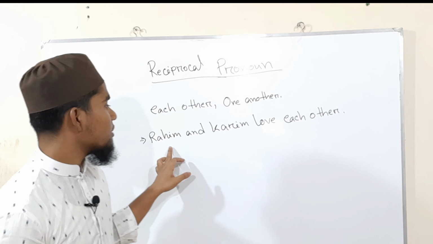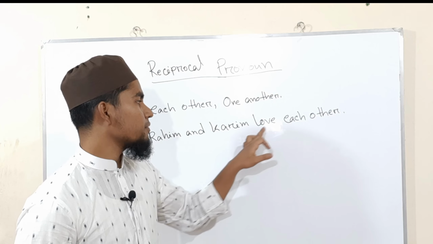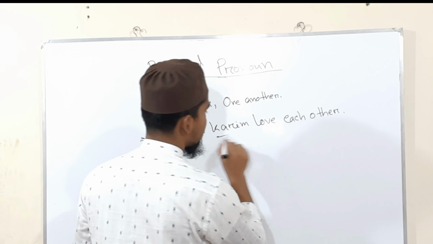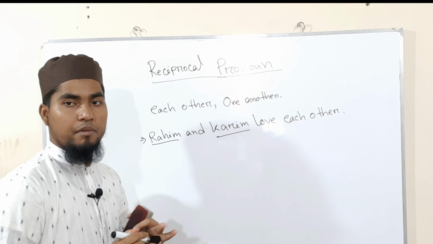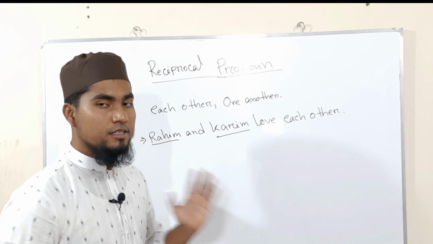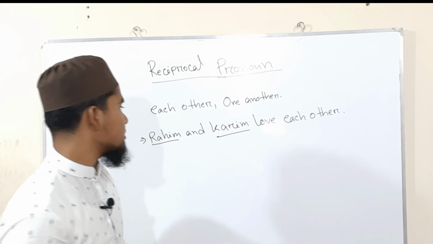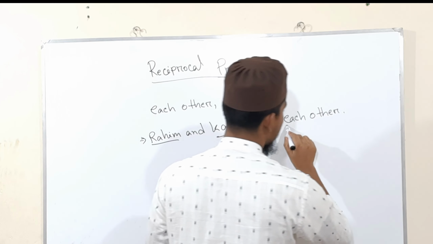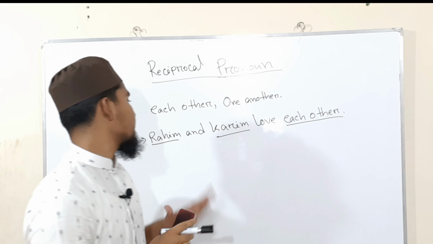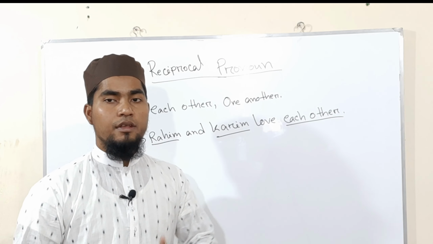Example is: Rahim and Karim love each other. That means Rahim and Karim make a relation between them, that is called reciprocal pronoun. Here the reciprocal word is each other. That means Rahim and Karim make a relation between them.